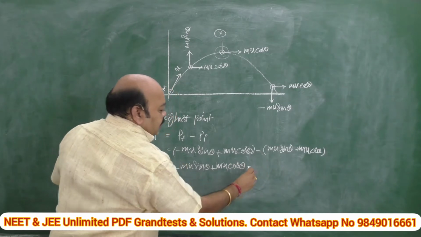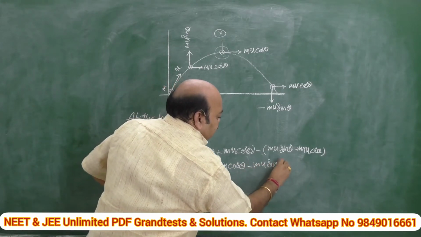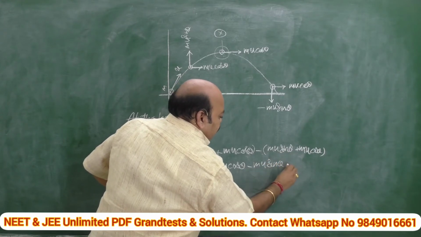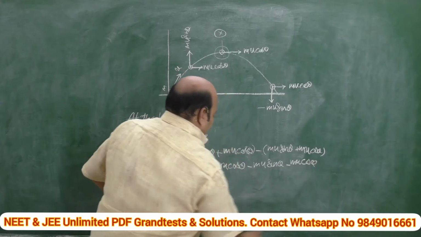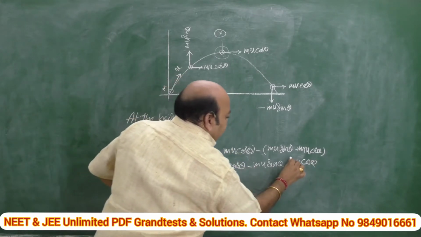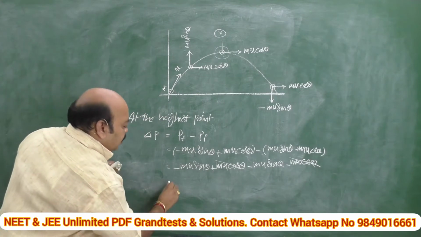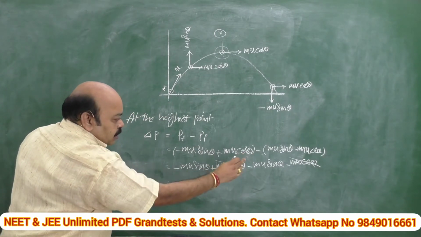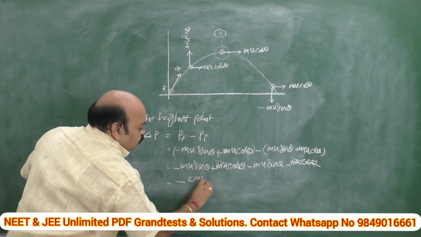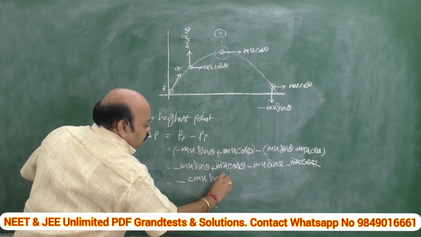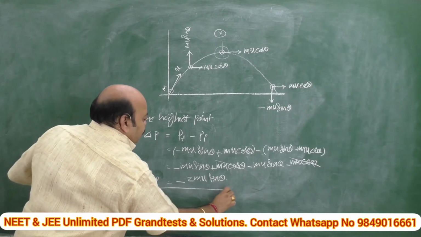Since a negative sign is there, be careful while doing the calculation. Mu sin theta with negative sign, minus into plus, minus mu cos theta. Then these two terms get cancelled. Plus mu cos theta minus mu cos theta gets cancelled. Then minus mu sin theta and one more minus mu sin theta, which results in 2 mu sin theta. This is the change in momentum of that particle.